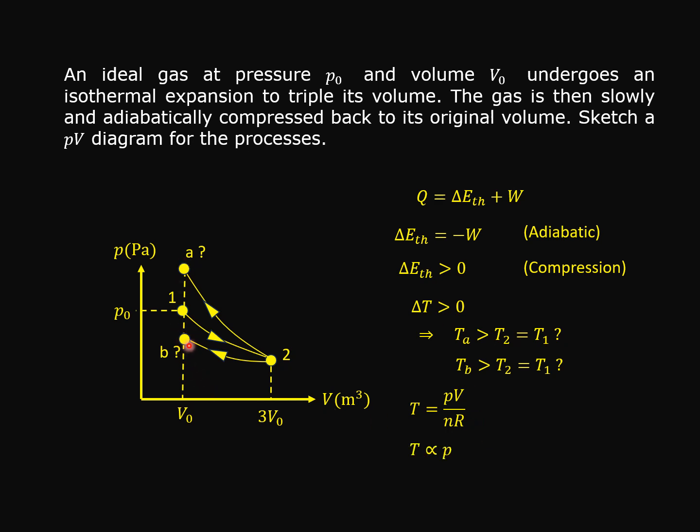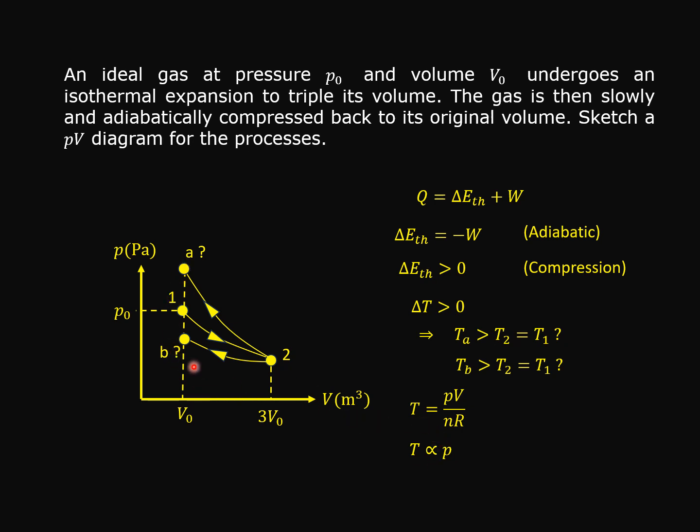For these three states, state A, state 1, and state B, their volumes are the same. So this V is a constant value. R is a gas constant, also a fixed value. n is the number of moles of the gas, also the same for these three states.